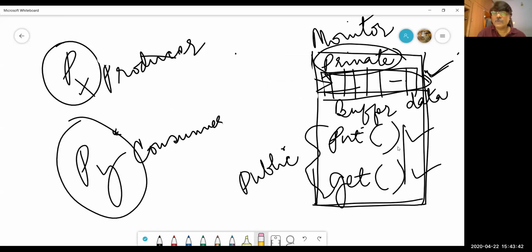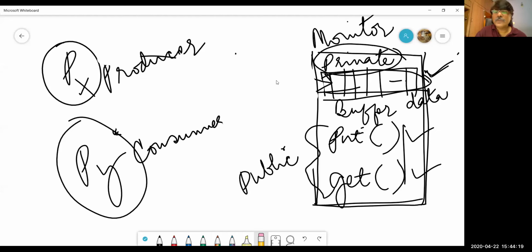So the producer should not be curious to know how the buffer is implemented, whether it is an array, a structure, or a linked list, whatever it may be. The producer should only see that whatever information is produced by it should be put into the buffer. The buffer structure is not known to the producer.